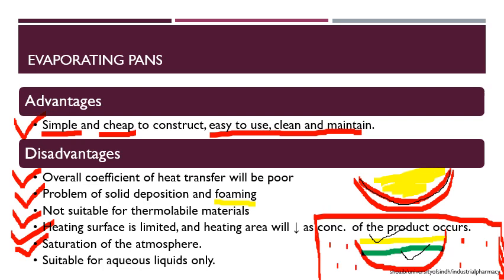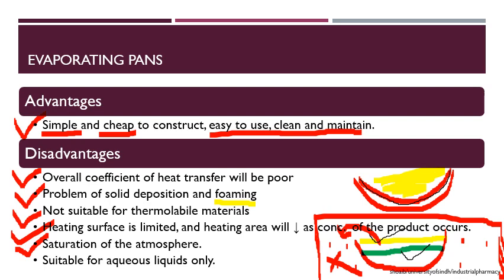Initially there will be more movement of the liquid from here to this environment, but as the environment becomes more saturated, there will be less movement of the liquid from here to this environment.